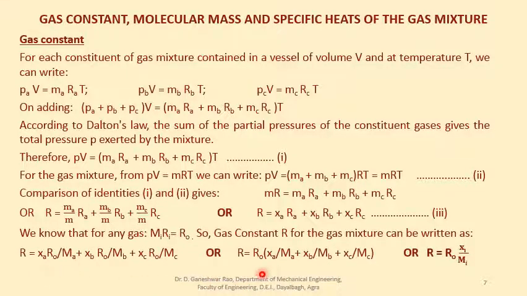I hope you understand it. So this can be written in general form like this: R = R0 ΣXi/Mi, where Xi is the mass fraction, Mi the molecular mass of component i, R0 the universal gas constant, and R is the gas constant or characteristic gas constant for the mixture.